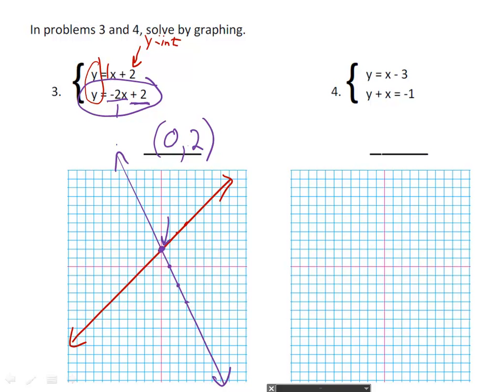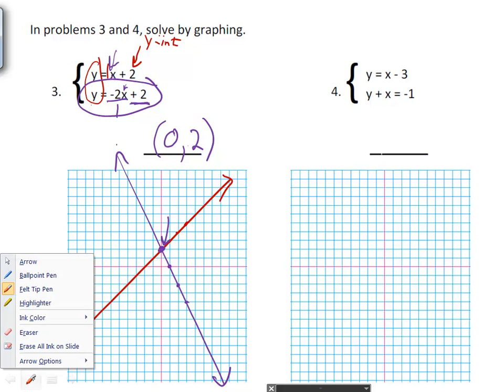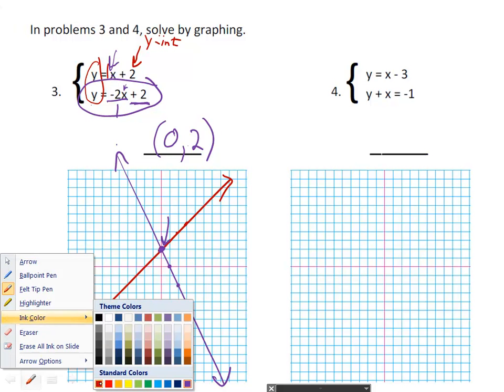You don't have to do this, but just so you can tie it in there. If I put in 0 for x here, that would be 0 plus 2. Does that equal 2? Yes, it does. If I put in 0 for x here, negative 2 times 0 is 0, plus 2 is 2, and y is supposed to equal 2. So it works. Okay, so that's the first one.